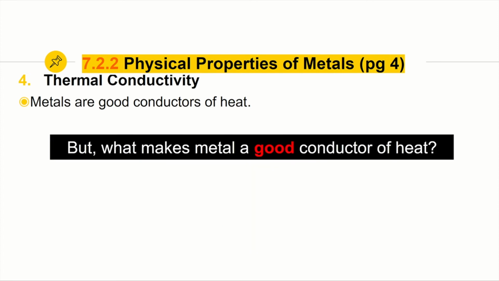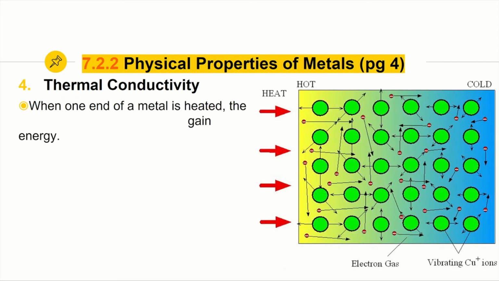Why is that so? Something must be able to move very fast when it's being heated up, and then travel to vibrate neighboring particles very quickly. That is because of the delocalized electrons. The valence electrons gain heat and start to vibrate faster and faster. When they vibrate faster and faster, they can travel everywhere, as you can see in this diagram.